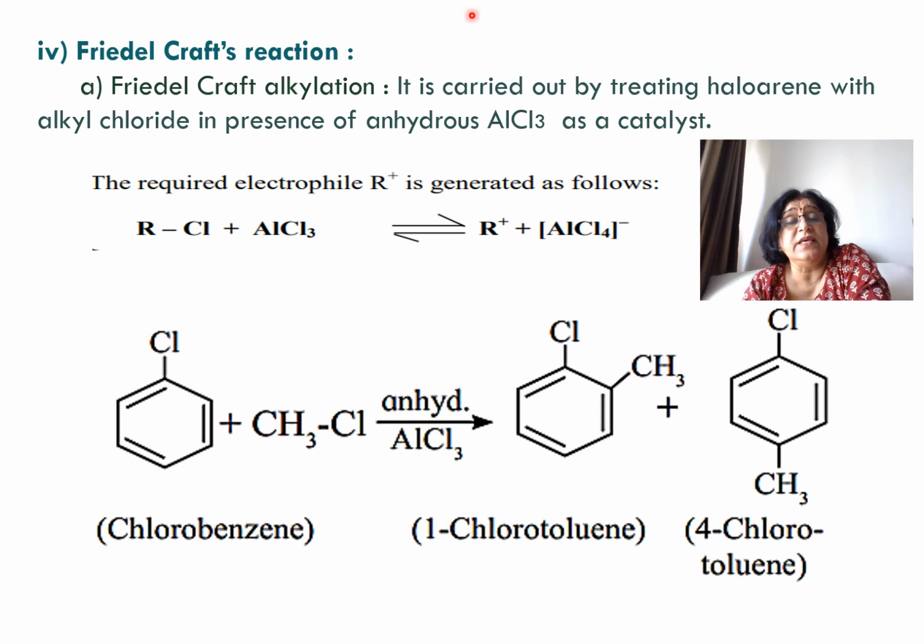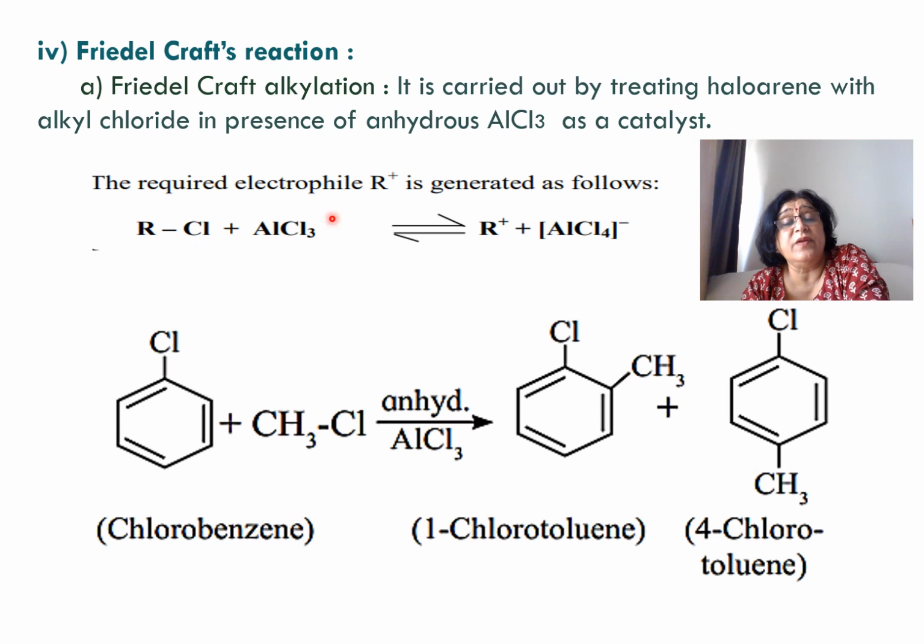Okay. Then lastly, Friedel-Crafts reaction. Friedel-Crafts reaction takes place in the presence of alkyl chloride and aluminum trichloride as a catalyst. So haloarenes are treated with alkyl chloride in the presence of anhydrous aluminum chloride, which is a catalyst. Okay. Now, which is the electrophile generated here? It is taking place in the presence of Lewis acid.